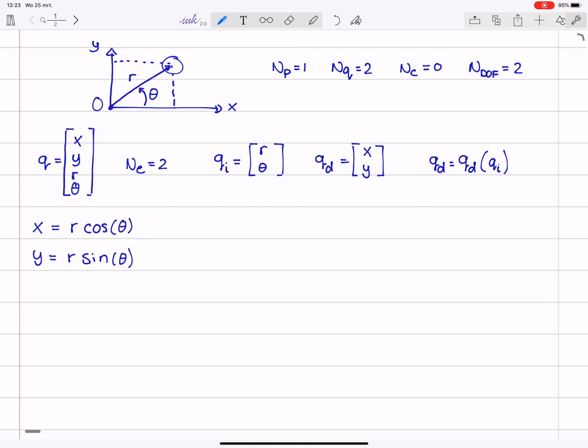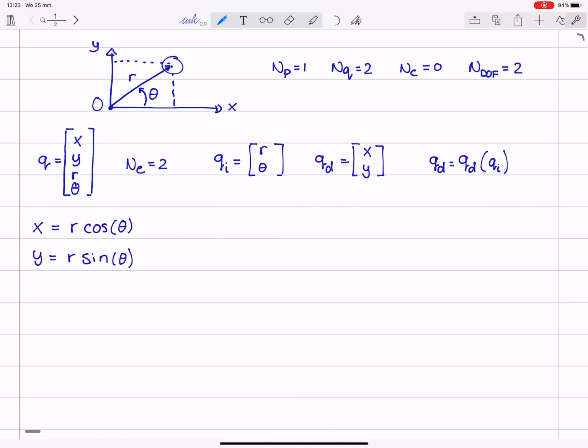Now, for the remainder of the analysis, I'm also interested in velocity and accelerations and the relations between the dependent velocities and accelerations and independent velocities and accelerations. And because both r and theta may change in time, this is going to be quite tedious.